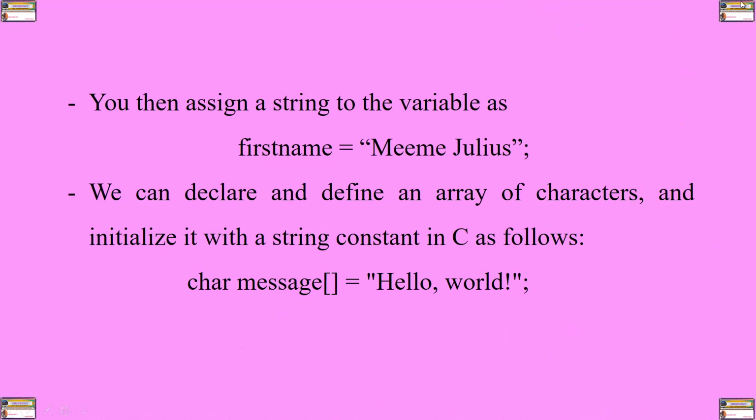As you can see in this statement, I have not put any number inside here. Why? Because the compiler will count these characters straight away, and that is the size of memory that it is going to set aside. Therefore, this set of characters is what we call a string constant, because that value is not going to change.